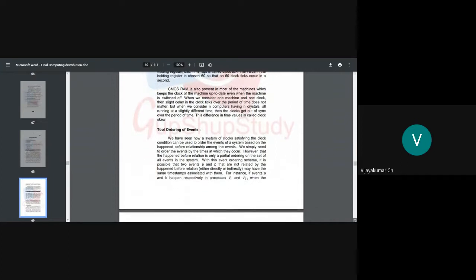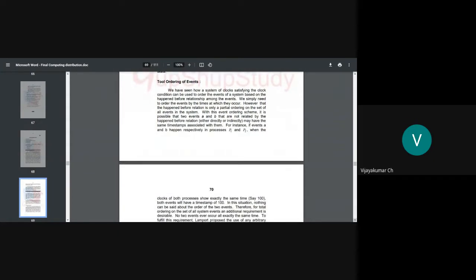After that, total ordering of events. What is meant by total ordering of events? Let us see. We observed that a system of clocks satisfying the clock condition can be used to order the events of a system. It will be based on the happened before relationship among the events.